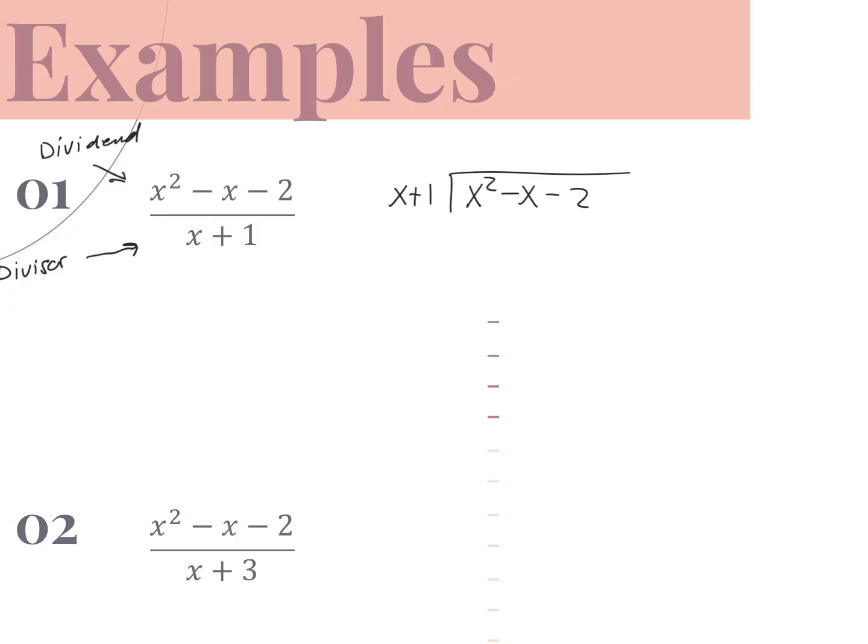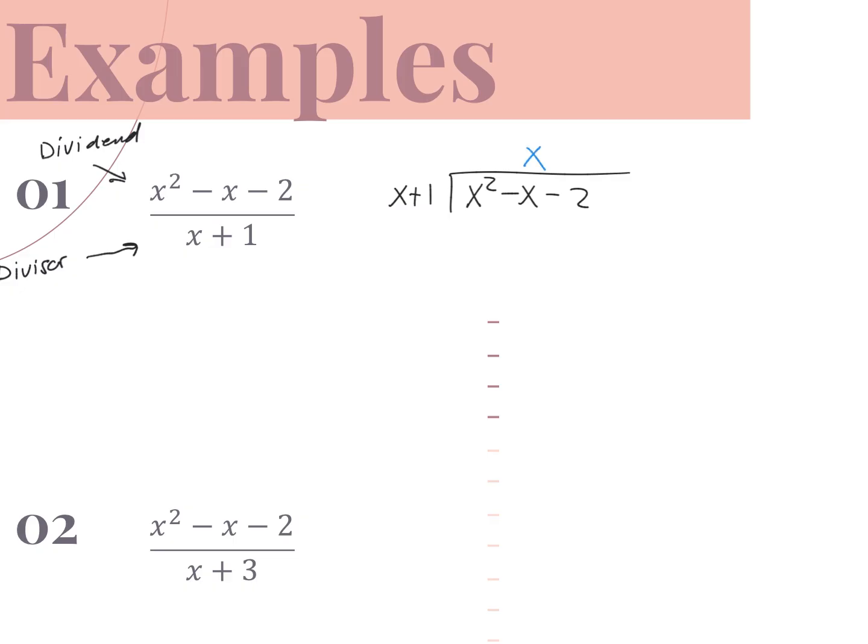All right. And then what you do, similar to long division with numbers, is I'm going to take my divisor and ask what do I need to multiply this by to get this first term, x squared. Think about it. The very smallest thing that you need to multiply x plus 1 by for an x squared to show up in that product is just x.